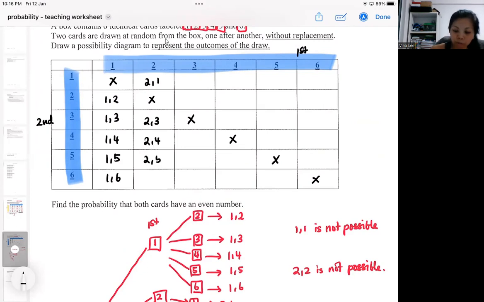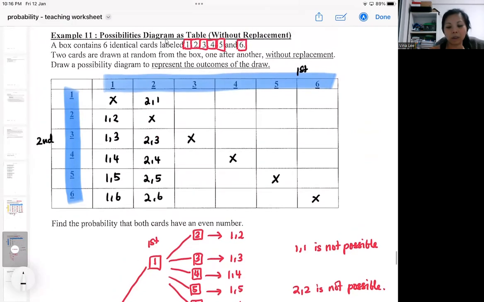So you should have the idea that right now, because of the without replacement, the total possible outcomes have been reduced.